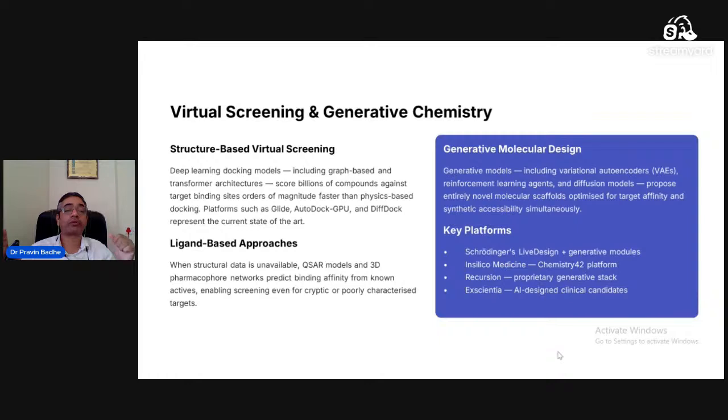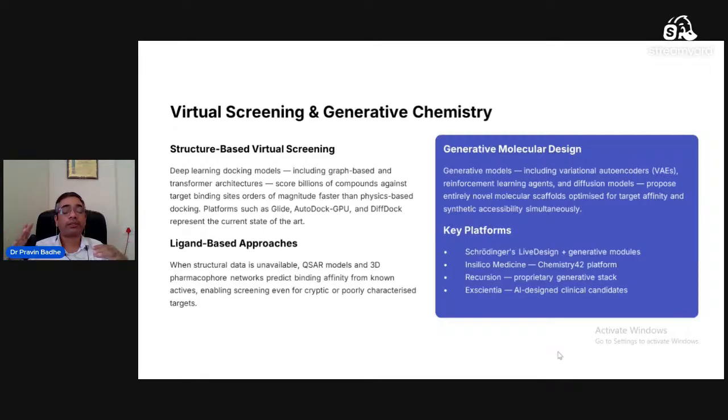You can utilize the docking platform for scoring the compounds. Where you don't have the structure available, you can utilize QSAR models and 3D pharmacophore modeling for predicting binding affinity. That way it can be utilized in the ligand-based approach.